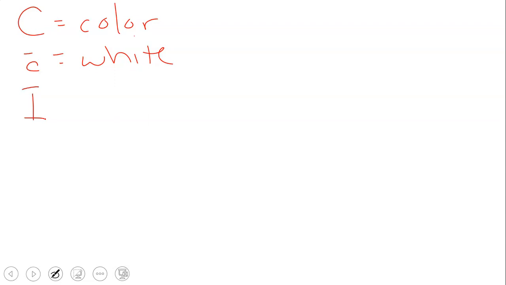Okay, in both of those cases, and in this case as well, we have one gene controlling the expression of another. So the I gene controls the expression of the C gene. Okay, so let's put I inhibits color. And so little i allows color, right?